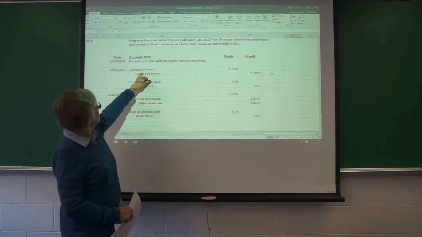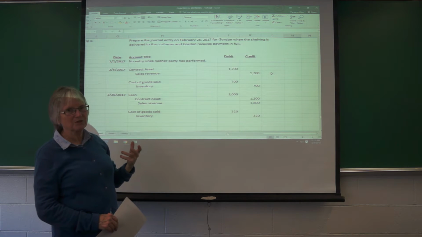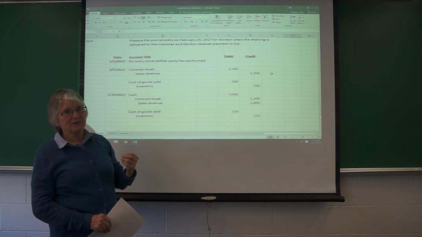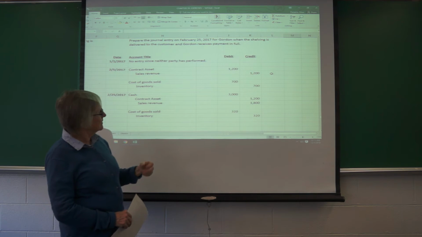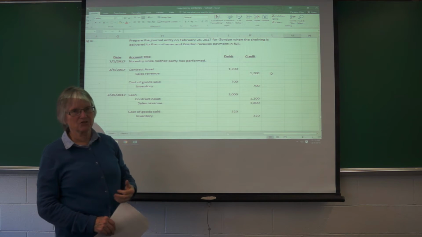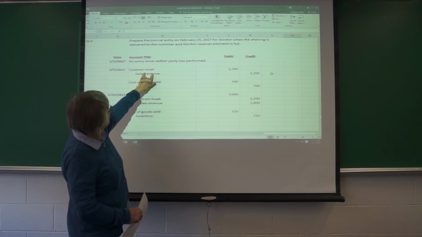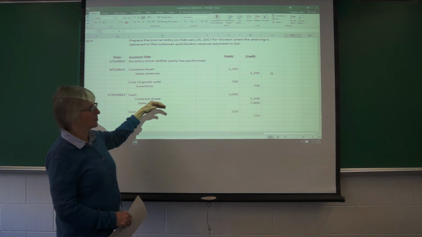So they have to call it contract asset. So this is they have a conditional right to receive the consideration or payment. In that, it depends on, conditional, it depends on having that other part of the job done, the shelving unit delivered. So you're calling it a contract asset, but you book the sales revenue. Cost of goods sold inventory, totally normal.